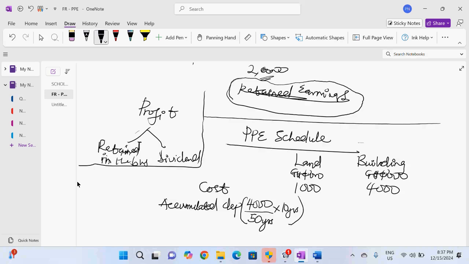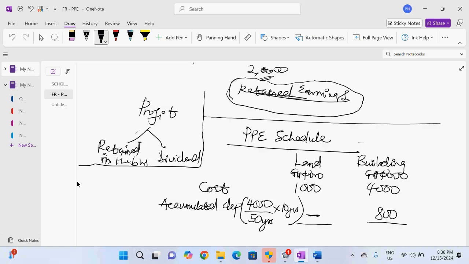That is the accumulated depreciation prior to revaluation. What would be the answer for the building? 800. Did I hear someone say 800? Yes, 800. Okay.